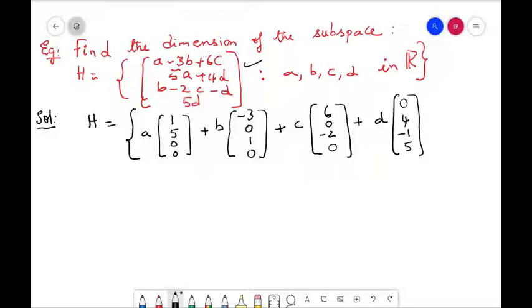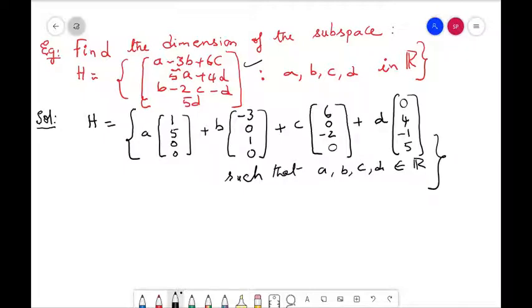So this single vector in H can be written as a linear combination of 4 vectors such that a, b, c, d belong to R. They are real numbers.